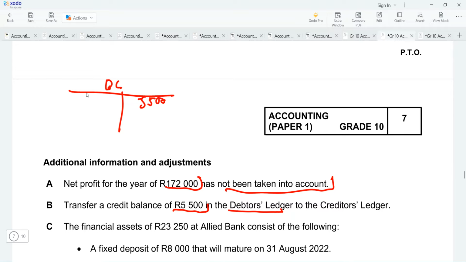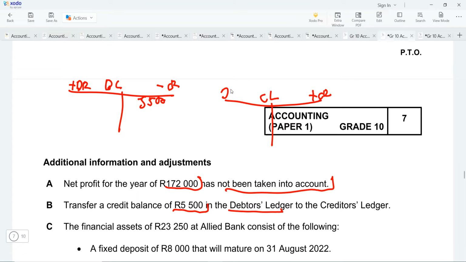Now remember, it increases on the debit side and decreases on the credit side. The reason why a person can be both a debtor and a creditor is that someone can be rendering us a service while also being a customer. Remember, debtors control increases on the debit side and decreases on the credit side.